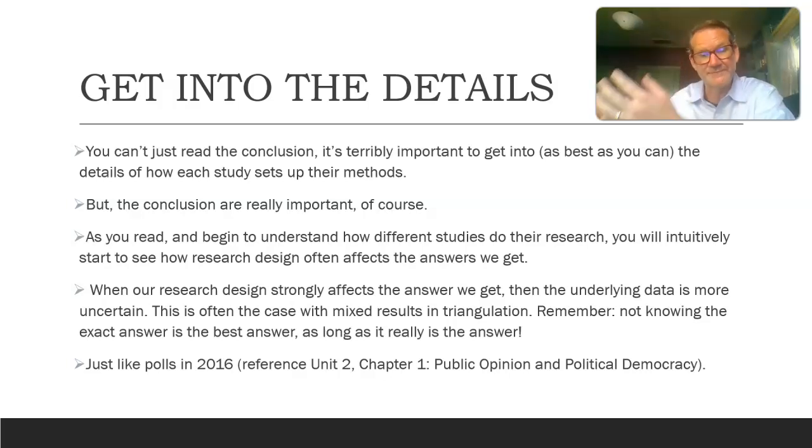More uncertainty. This is often the case with mixed results in triangulation. Remember, not knowing the exact answer is the best answer, as long as it really is the answer. But that's true, right? Just like polls in 2016, where the polls were kind of all over the place between Hillary and Trump, and what that told us was that there was a volatile electorate underneath, and that what we were looking at was particularly difficult to measure that year.